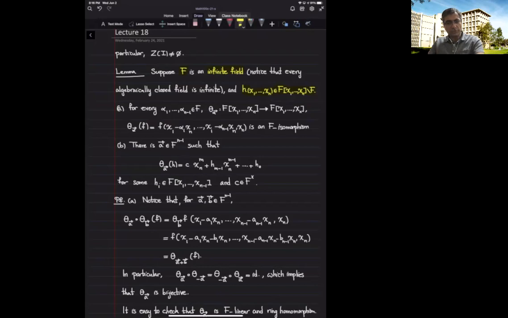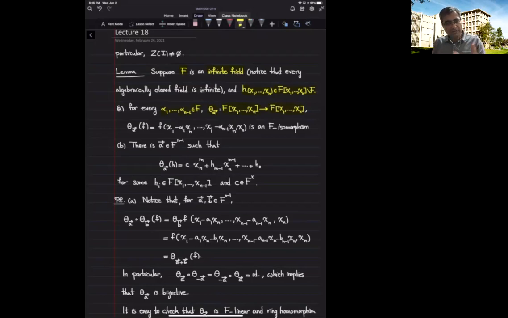Now, first I'm going to introduce a certain family of automorphisms of the ring of polynomials. For a given set of coefficients, alpha i's, a vector inside F^(n-1), I'm going to define theta of this vector from the ring of polynomials to itself. Now, how does it work?